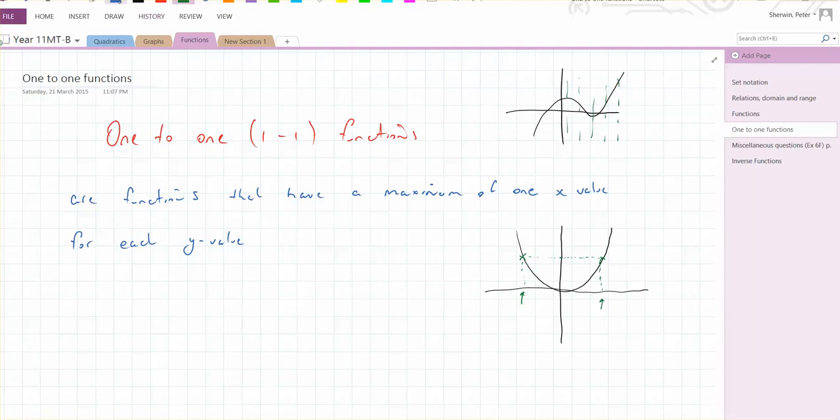The test for a one-to-one function is a horizontal line test.